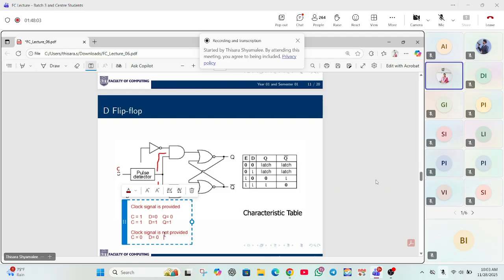Then what happens to Q? There is no output. That means the latch keeps its state. So we call that latch or keep state.